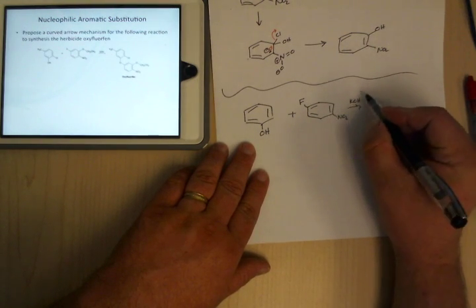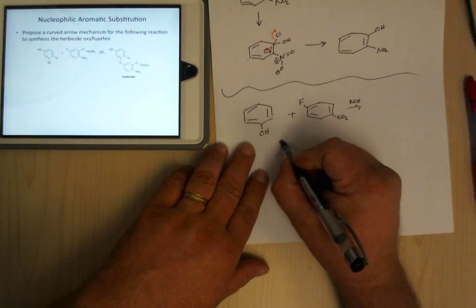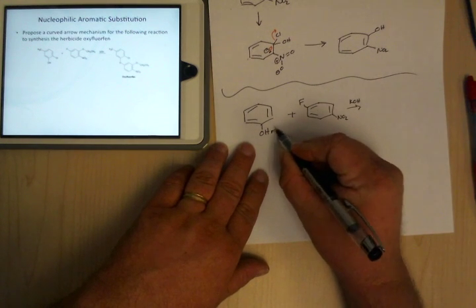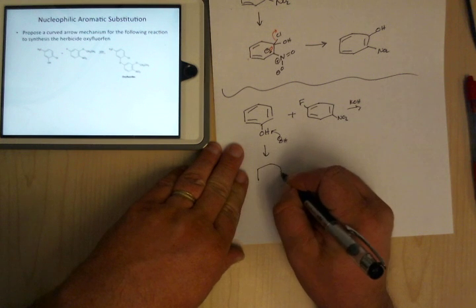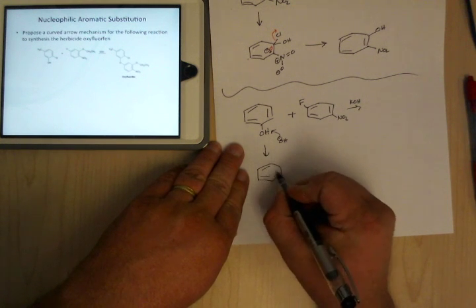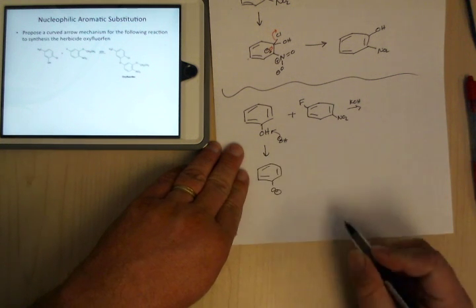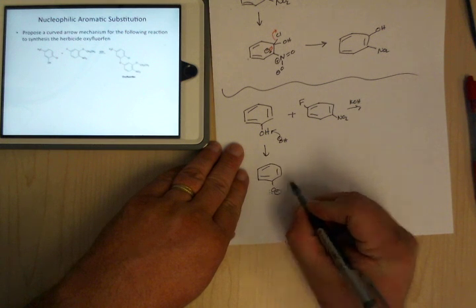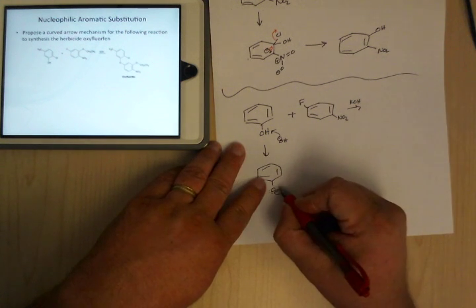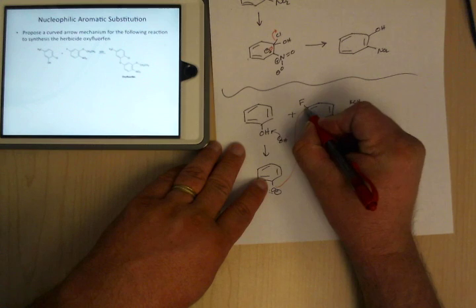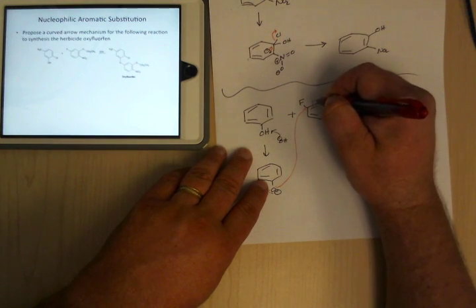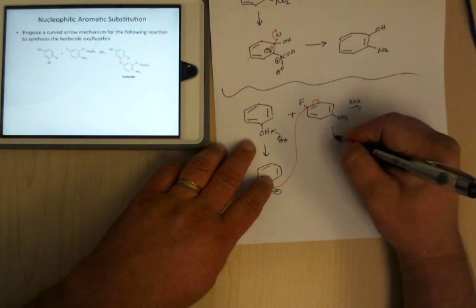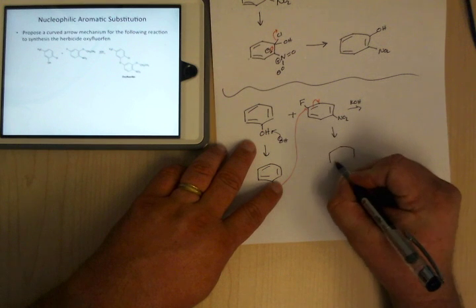What the OH does is rip off that hydrogen from the phenol to give you that. Now you get yourself a nice nucleophile that's going to come in and attack there, and then push these onto that to form this intermediate.